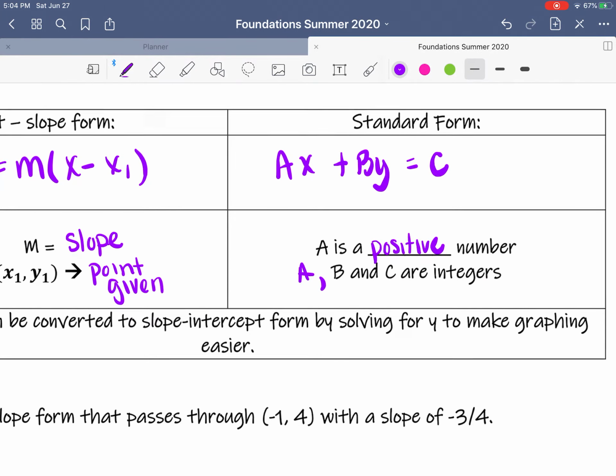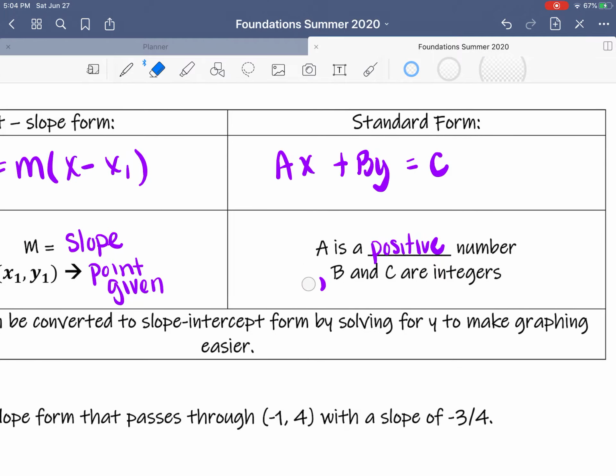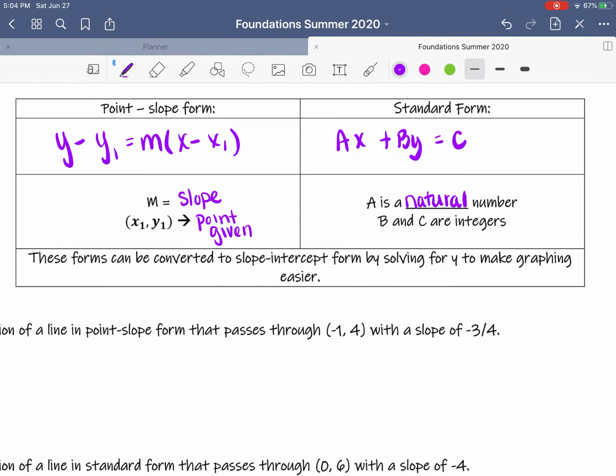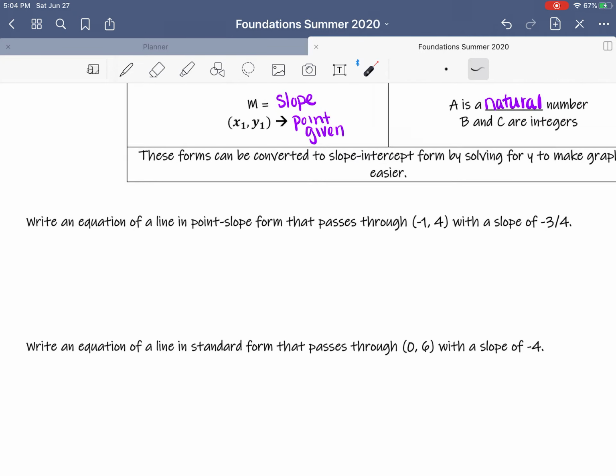I guess I could say, actually, to go with the notes, positive is correct, but a positive integer is a natural number. So both of these forms can be converted to slope-intercept form by solving for y, which is what we'll be doing today.